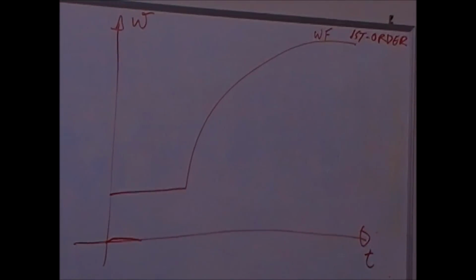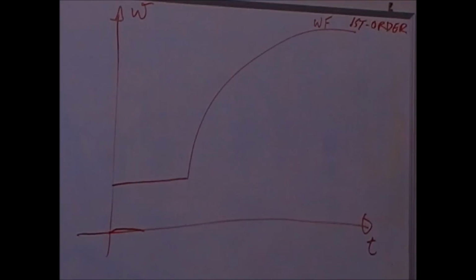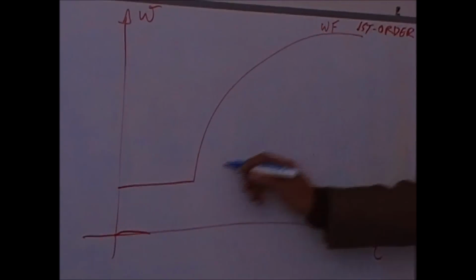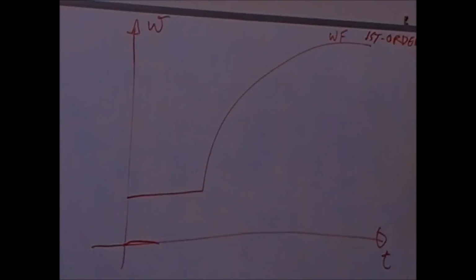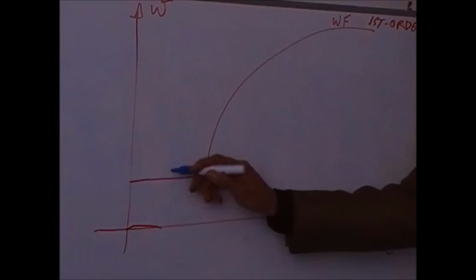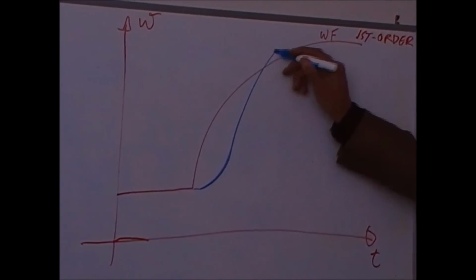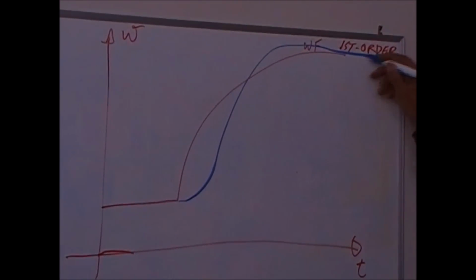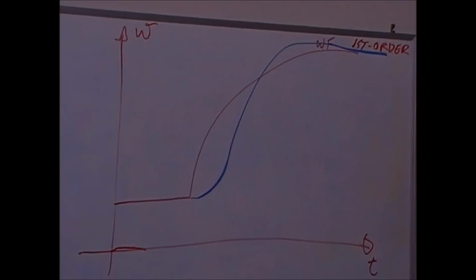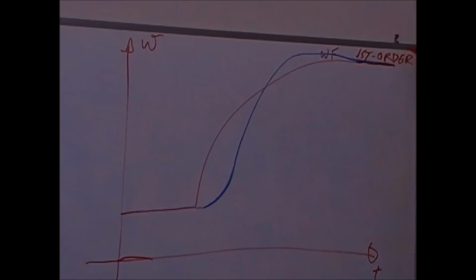Let's see what is the difference to a second order. Okay, so you look at this. If we have a second order system, it depends on the poles of the second order, so it can change a little bit. But for a second order system, the response would be more like this. A second order system has more degrees of freedom.